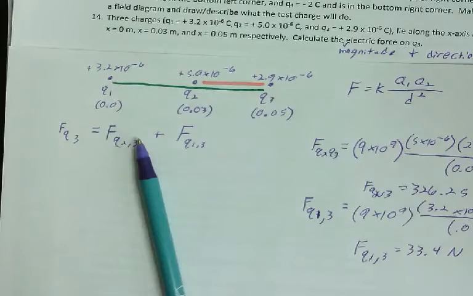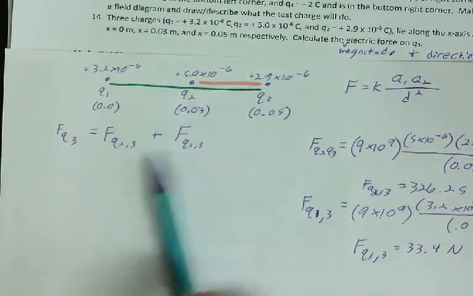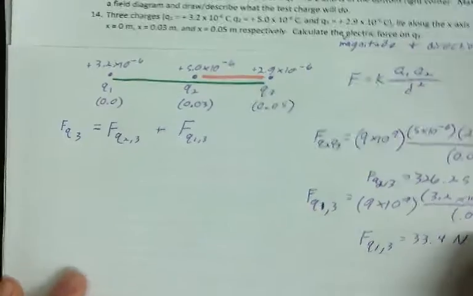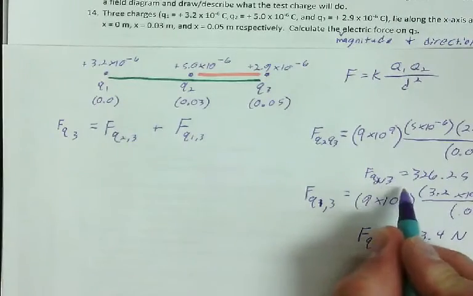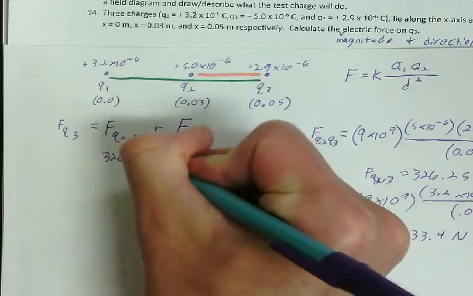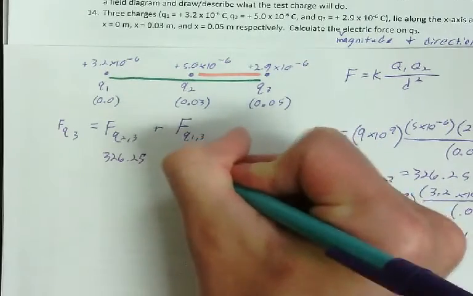Now that we've got the forces found, we need to plug them in and solve for the force on Q3. It is a combination of the force between 2 and 3, 326.25, and the force between 1 and 3, 33.4.